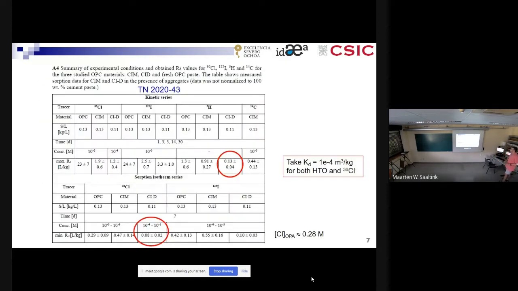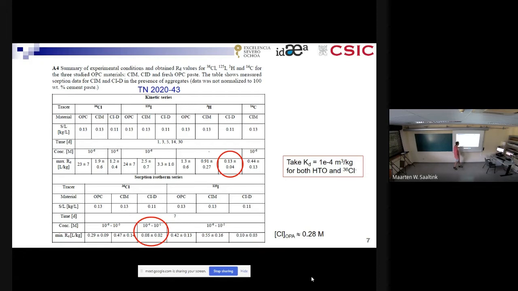Okay, so concerning sorption parameters for both tritium and fluoride, batch sorption experiments were performed, and I circled the values. This is for the concrete experiment on concrete, for tritium and also for fluoride.